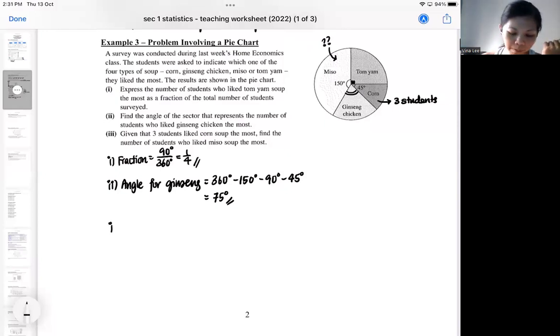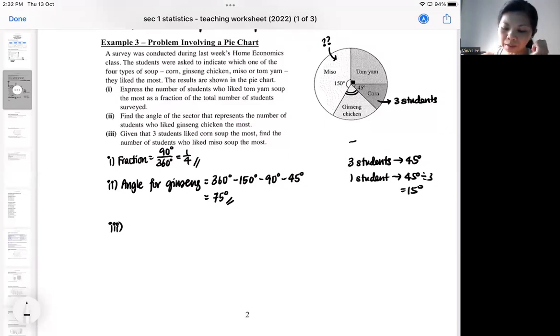Of course you can perform something like primary school kind of thinking. 3 students are represented by 45 degrees. 1 student will be represented by 45 degrees divided by 3, so that's 15 degrees. Obviously we won't show this, this is just the thinking process.